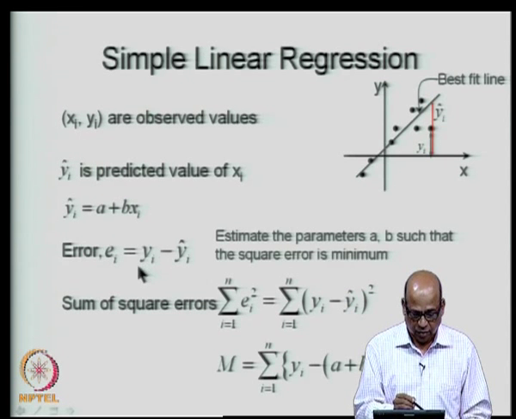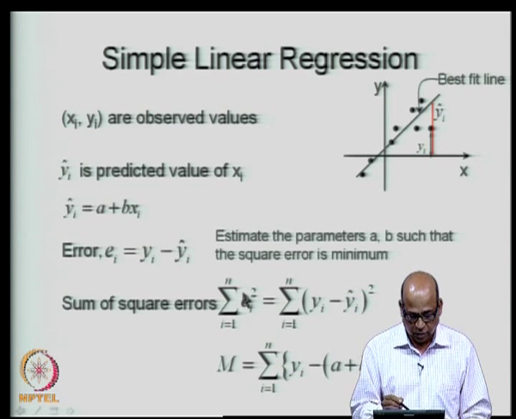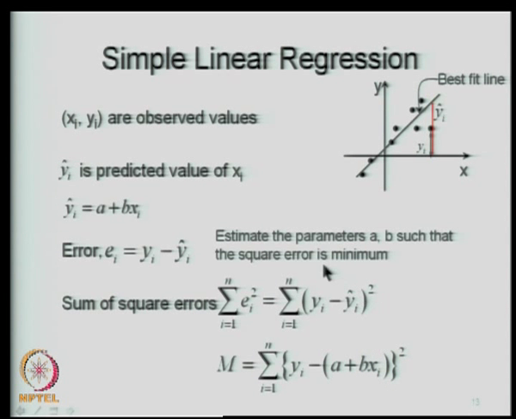How did we do that? We formulated error. This is the observed value yi and this is the estimated value yi cap. So, the error is observed minus estimated. We consider the square errors and write it in terms of yi minus yi cap, using the yi cap expression a plus b xi and so on. We formulate this expression and then minimize m, which is the sum of square errors, with respect to the parameters a and b.